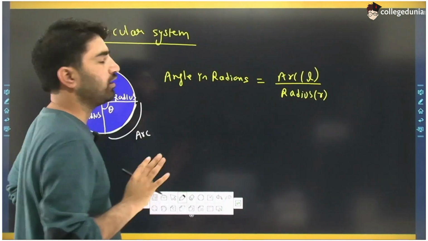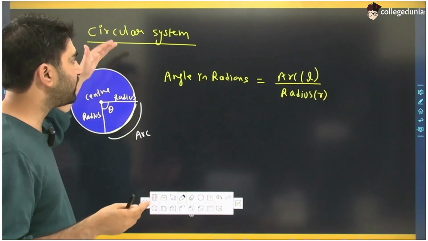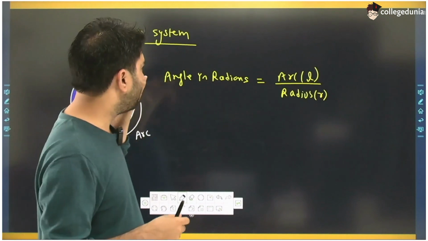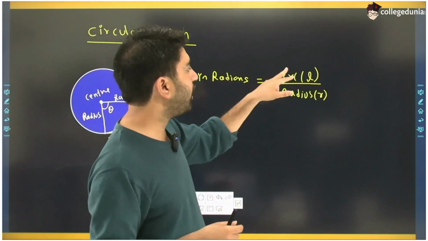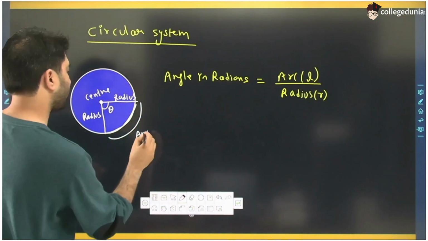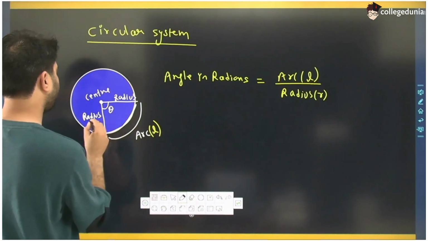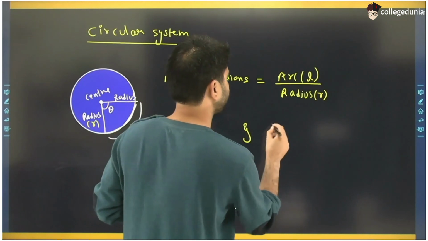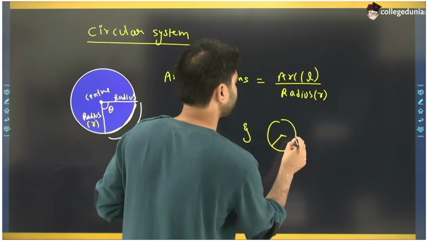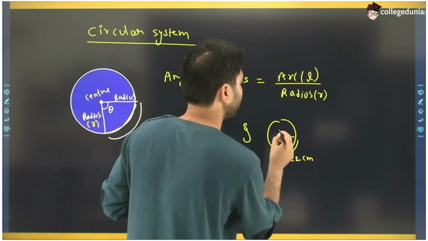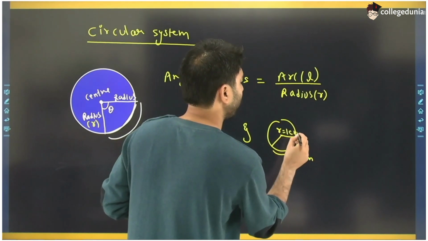What is angle? How do we find it? So they have given us a formula for finding angle in radians. Angle in radians is equal to arc divided by radius. This is the ratio of L and R. It means this arc will be L and this radius is R. So let's say in a circle, the arc is 2 centimeter and the radius is 1 centimeter.